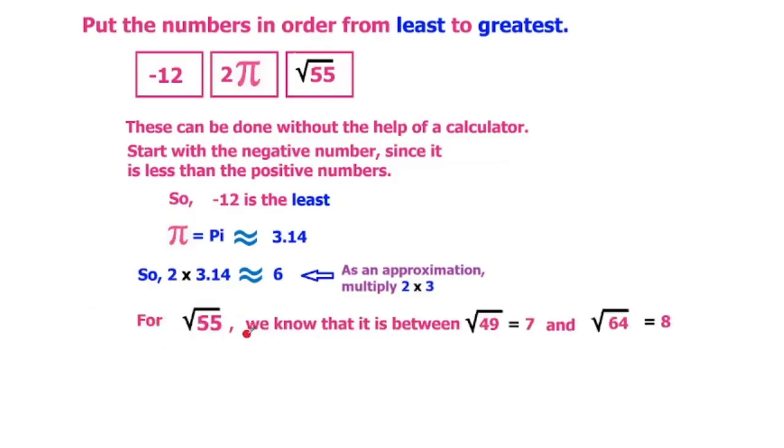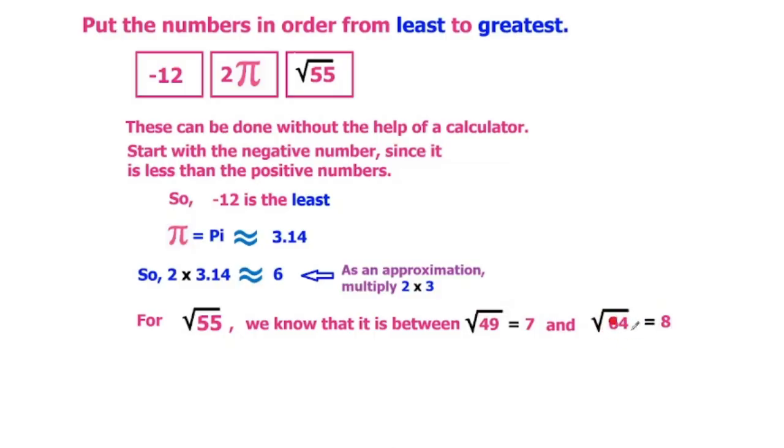For the square root of 55, we know that it is between the square root of 49, which is a perfect square, which equals 7, and the square root of 64, which is a perfect square, which is 8, right? So the square root of 49 is 7, and the square root of 64 is equal to 8, because 64 is 8 times 8.